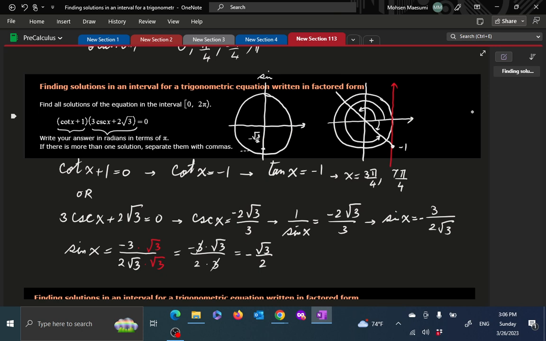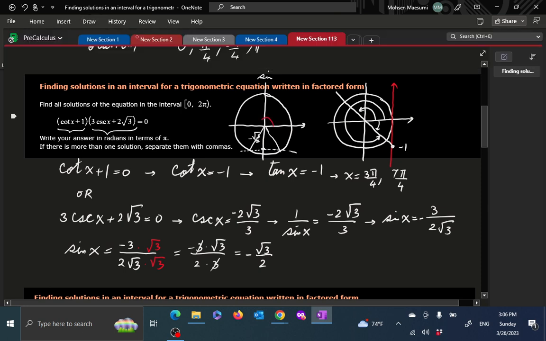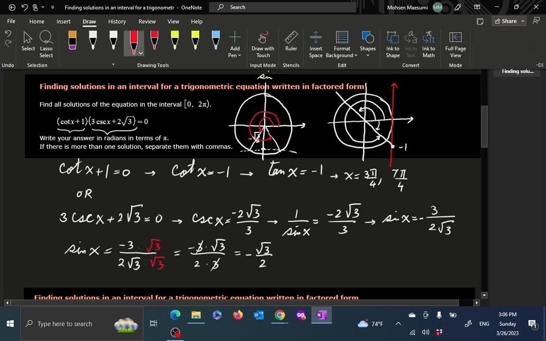Draw a line at that location. We connect the intersections to the origin. The angles that we are looking for are these two angles, this one and this one. Between 0 and 2 pi, those are the answers.